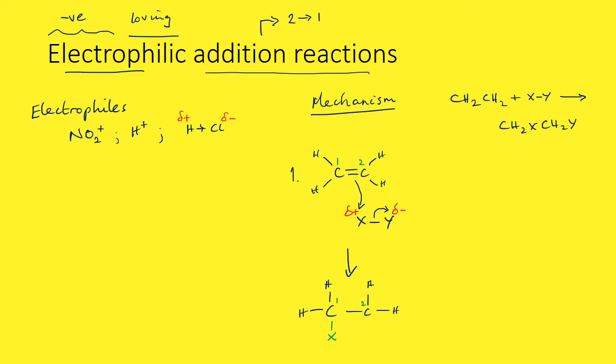And now what we're going to do is track electrons. So let me move to red and draw in the 2 electrons in the first step here, like so. So those 2 electrons that were in that double bond are now here and here. That's where they've gone.